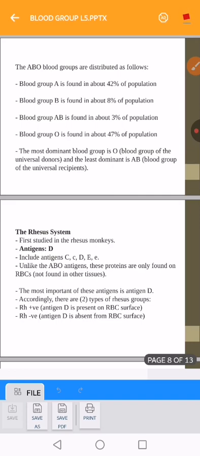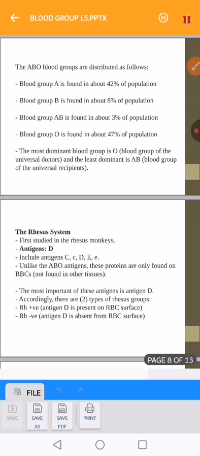The second system is the rhesus system. We have many antigens: C, D, E, but the most common one is antigen D. Unlike the ABO antigen, this protein is only found on the RBCs. It's not found in other tissue, only in the RBCs.